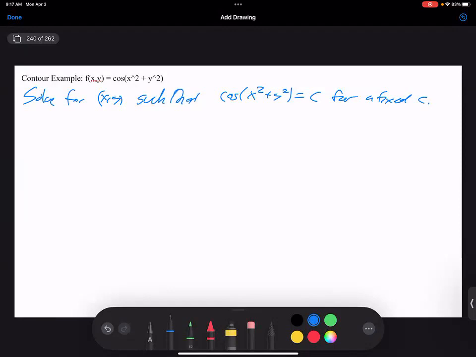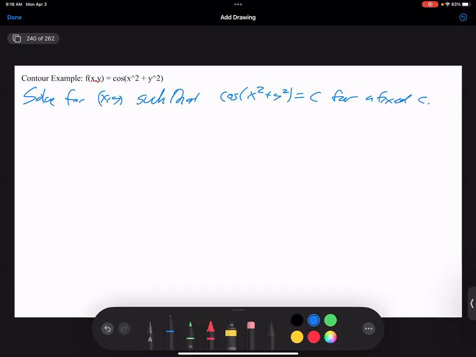Okay, but there's something much easier than 0. Much easier than 1. What can you tell me about values of cosine? Nope, something much easier than -1. 2, right? What x and y will give you a cosine of 2?